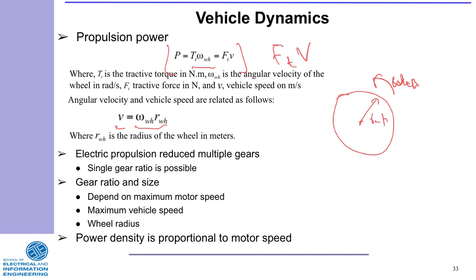Anyway, that's a side topic. Now there's also a propulsion system that could have multiple gears or a single gear ratio. It's also possible for electric vehicles, which is actually desirable because a gearing system is heavy, needs additional maintenance, and increases the cost of the vehicle.